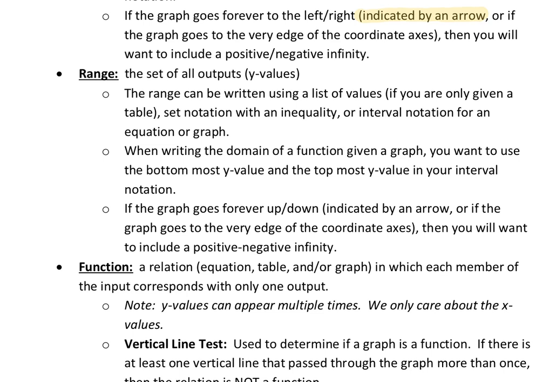And I wrote this wrong. That should say, when writing the range, so change that in your notes. When writing the range of a function given a graph, we want to go from the bottom to the top.